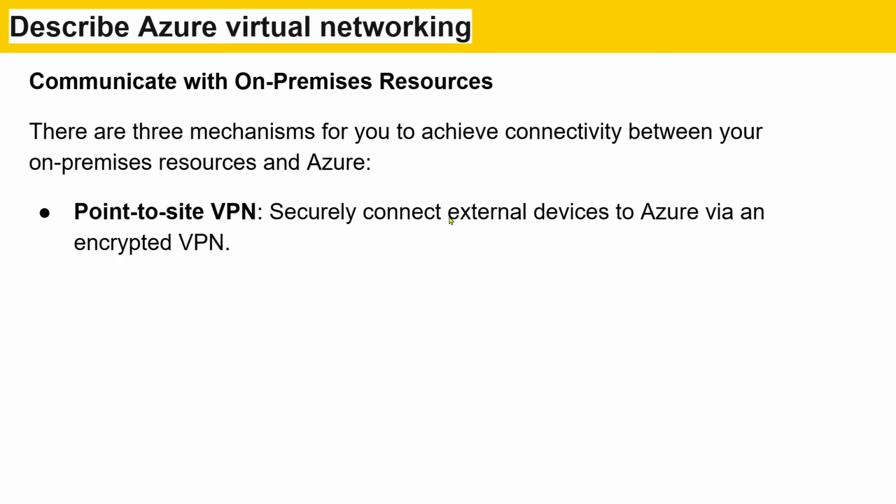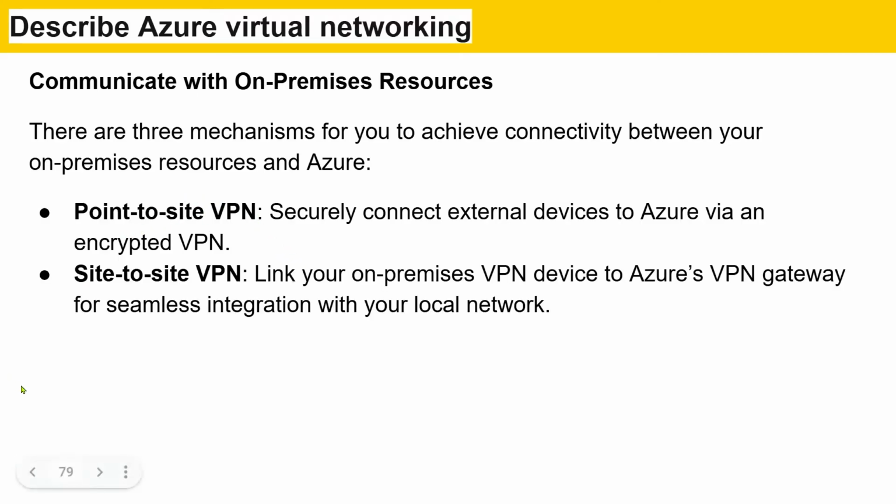So I'm connecting from a device to another resource, another device in the cloud. So that is called point to site. Point means one point to the site, the Azure site you are connecting. Okay. Next is site to site. That means many, completely link your on-premise VPN devices to Azure VPN Gateway.